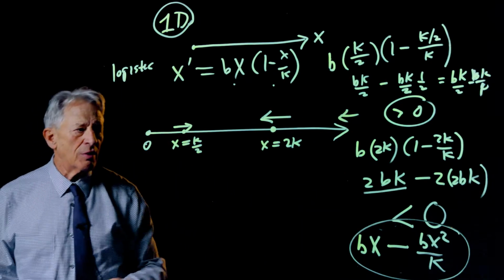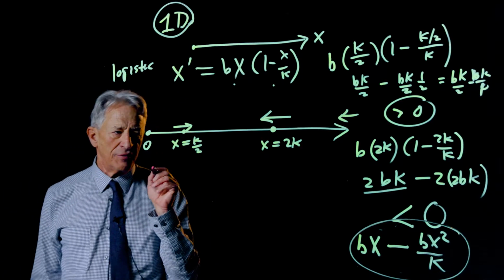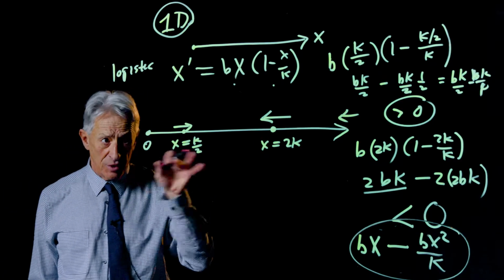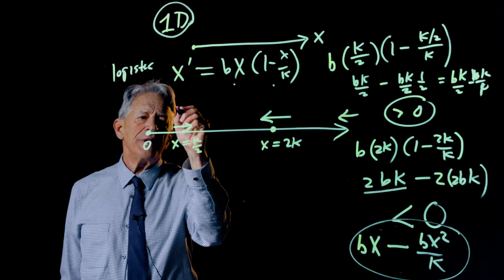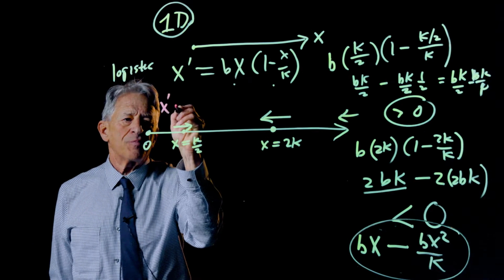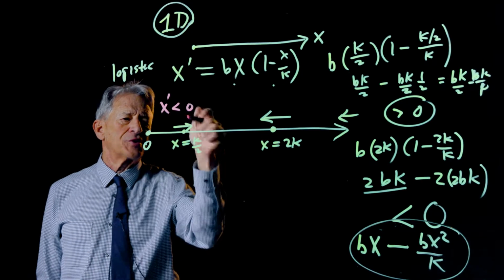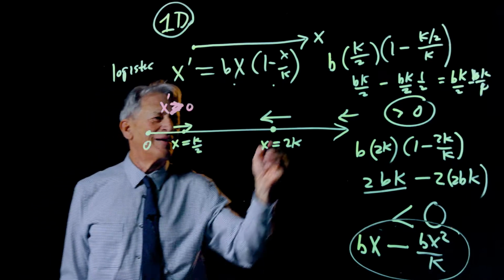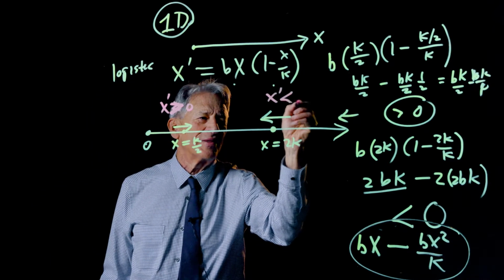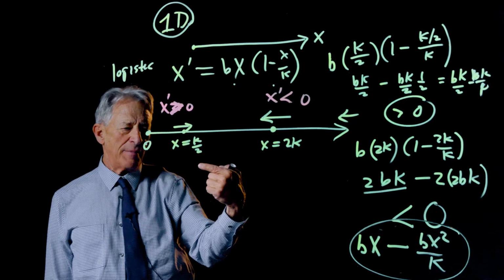But now I want to study the extremely important phenomenon that's our really subject here, which is, okay, over here, x prime is less than 0. Excuse me, it's positive. x prime is greater than 0. And over here, x prime is less than 0. It's negative.